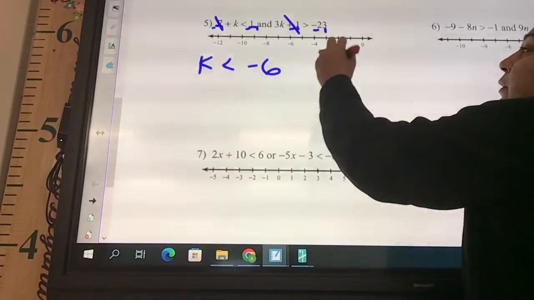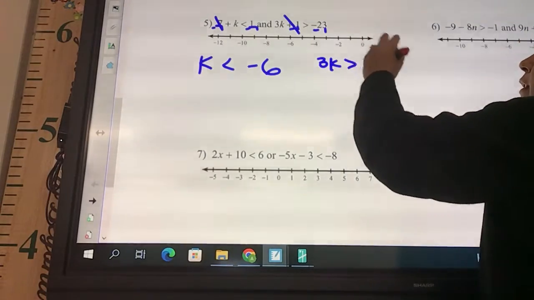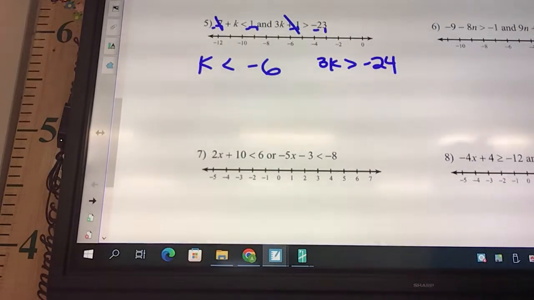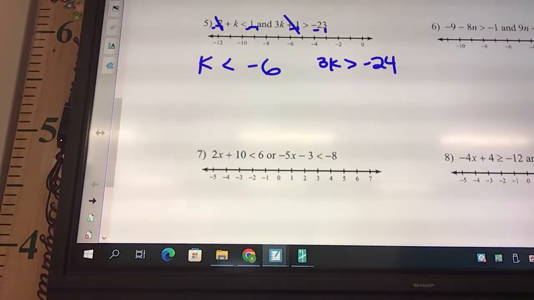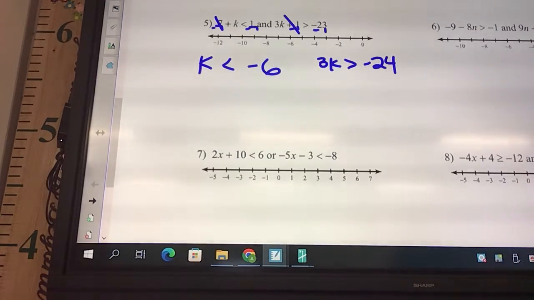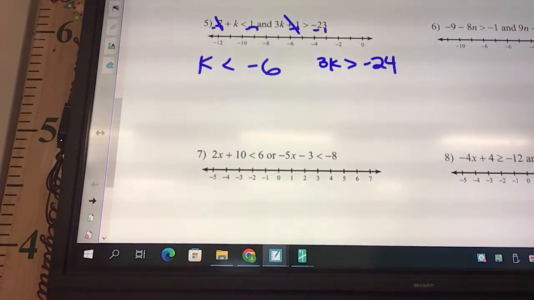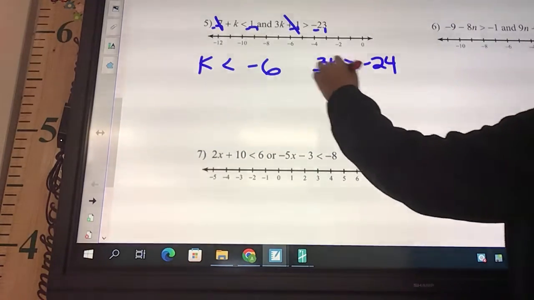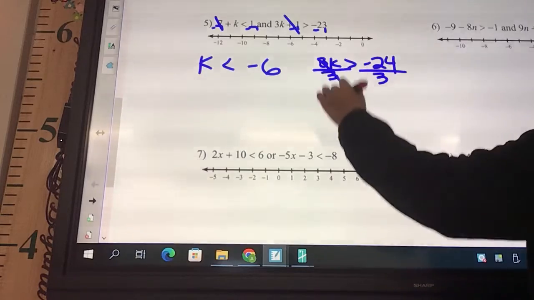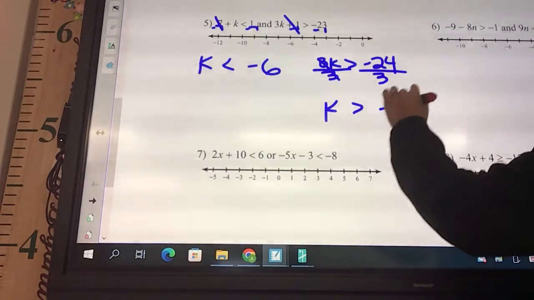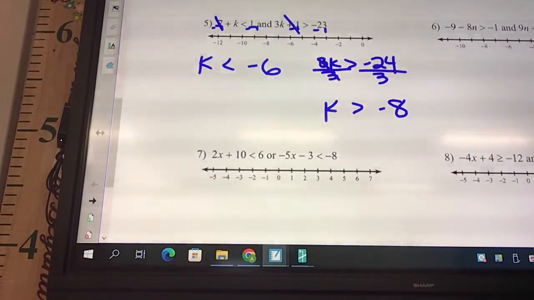Okay, so you're going to get 3k is greater than negative 24. And then what? Divide by 3. Do we need to flip? No. So you're going to get negative 8.